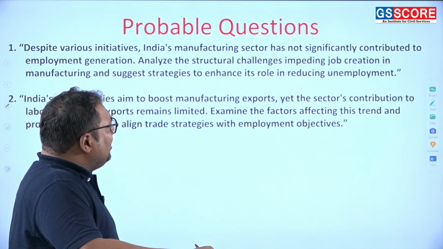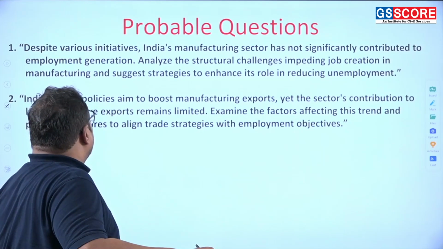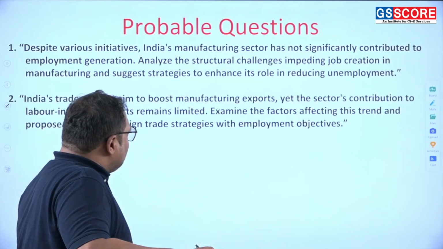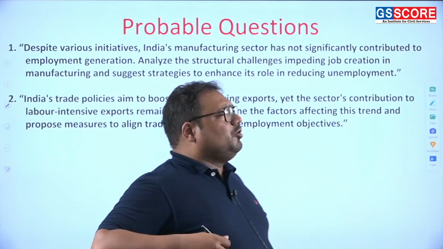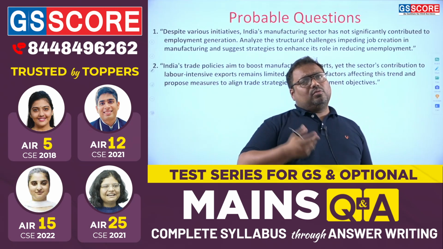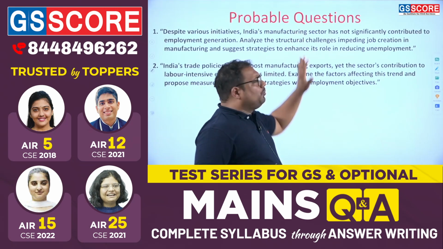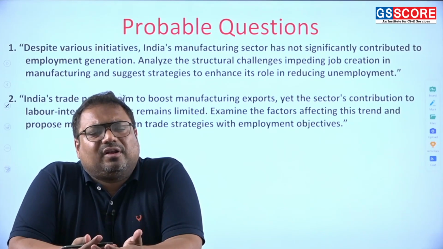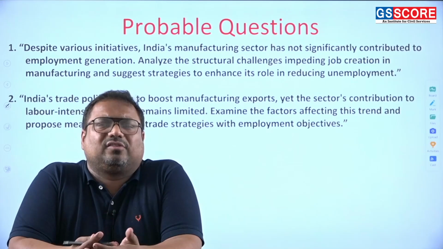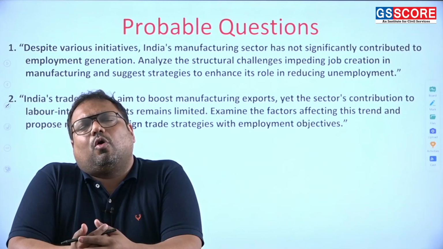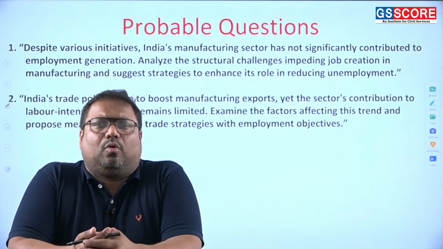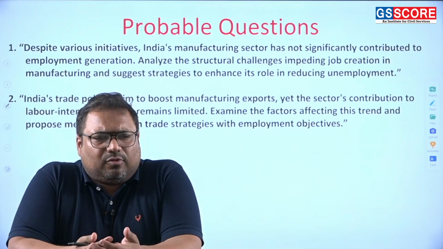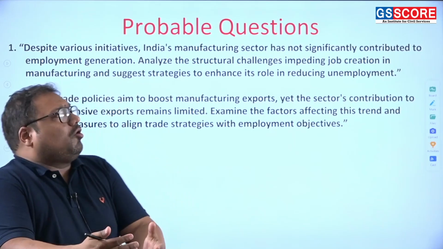Analyze the structural challenges impeding job creation in manufacturing and suggest strategies to enhance its role in reducing unemployment. It is not linked to export import, but it is a very similar question, which is almost an evergreen question because those problems are not yet solved. So, a similar question you can of course expect to see tomorrow. So do try to take a shot at this.